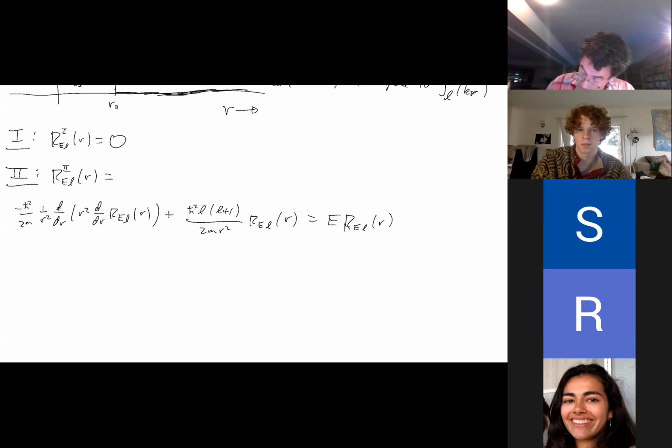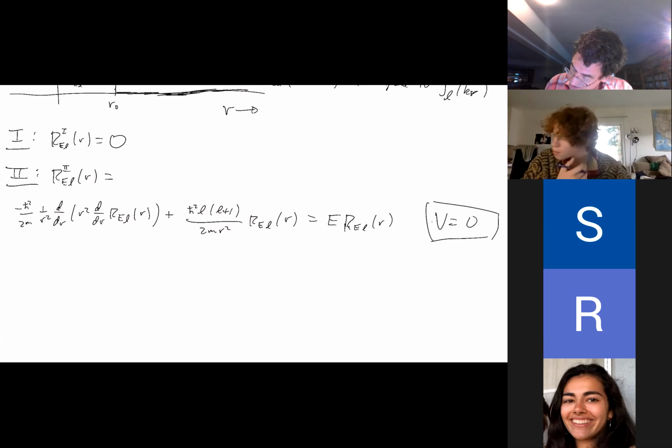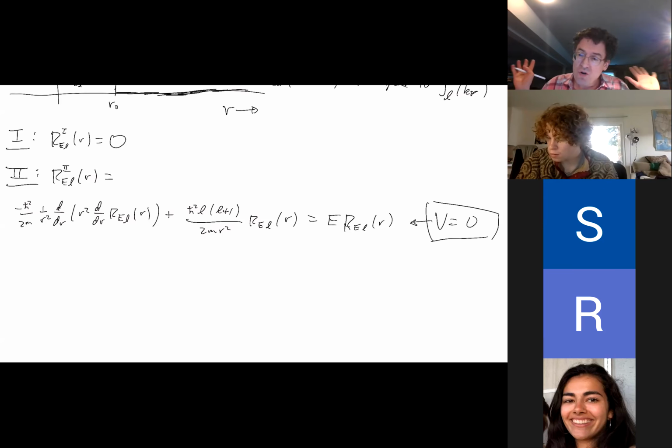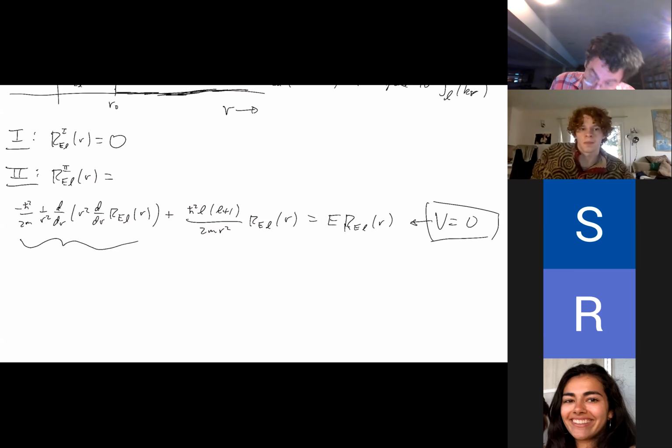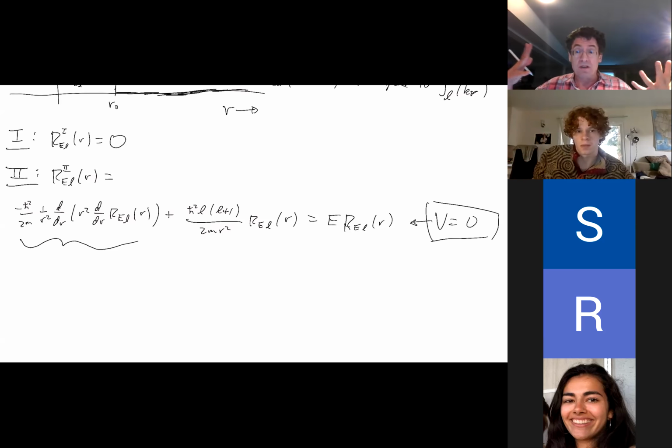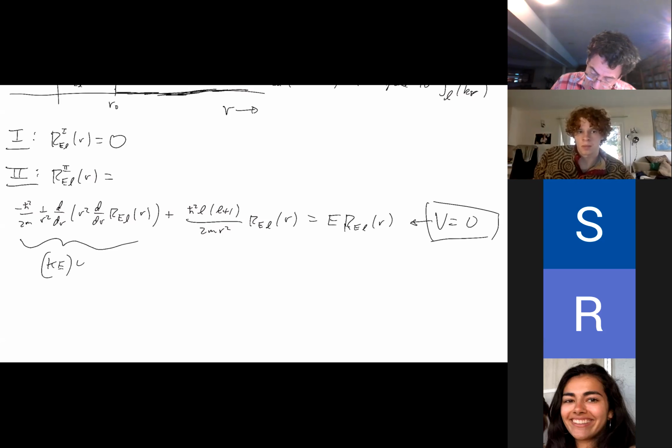Okay, now this is for V equals 0. I want you to see this is a free particle. That's the free particle Schrodinger equation. But I want to ask you a question. There's no potential, but when I look at this thing, it reminds you of the kinetic energy operator, right? That's kind of like kinetic energy times psi.